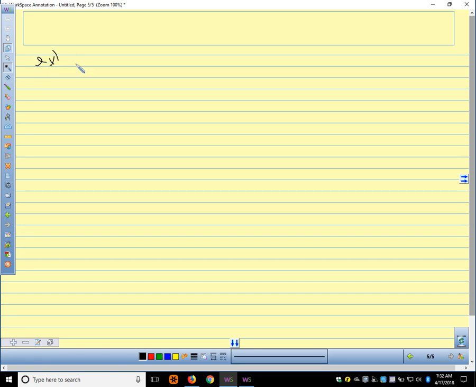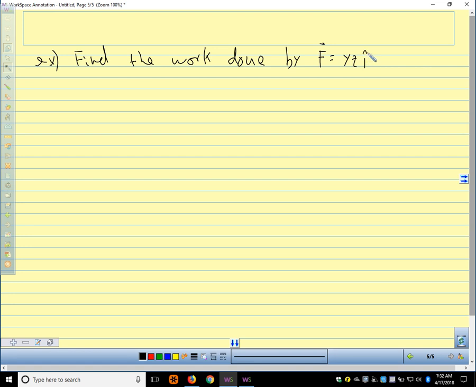So for this one, we want to find the work done by F equals yz i hat plus xz j hat plus xy k hat.